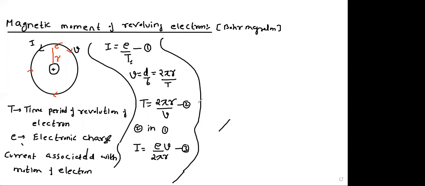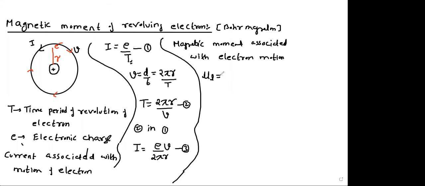Now tell me the expression of magnetic moment. What is the expression of magnetic moment of a current carrying coil? We represent the magnetic moment associated with the revolution, or orbital motion, of the electron around the nucleus as mu L. That's NIA, and for one turn you can write this as IA.